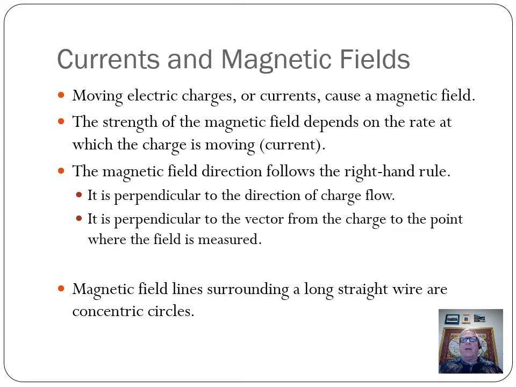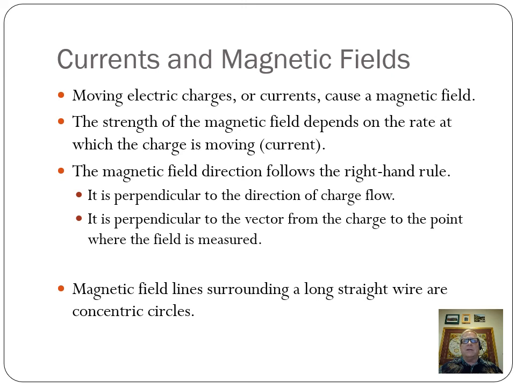And the strength of the magnetic field does seem to depend on the magnitude of the current, or the rate at which the charge is moving, if you're talking about individual charges. And the magnetic field direction does follow a right-hand rule as well. We will see more about this in the next section. But it is definitely perpendicular to the charge flow.